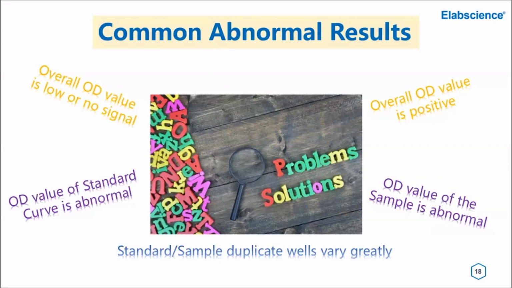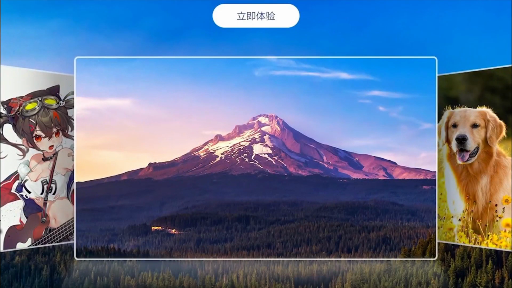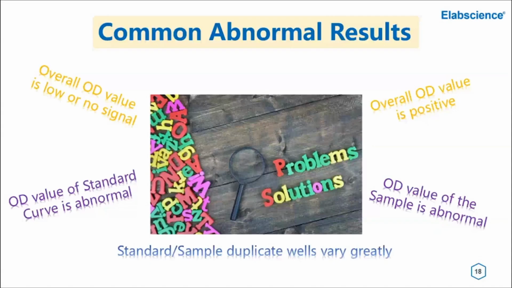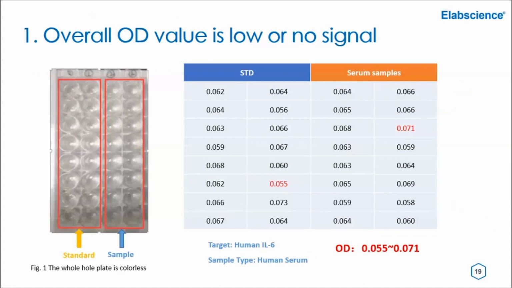Okay, today I have chosen 5 common abnormal results in our daily ELISA experiments, and I will help you know what could make them happen and how to avoid them. Number 1 is overall OD value is low or no signal. Here is one of the human interleukin-6 detection results for a serum sample.